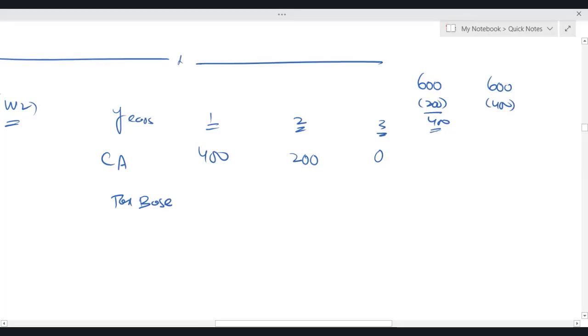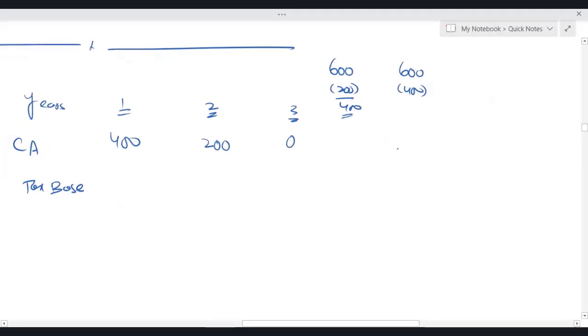Tax base. How do we calculate tax base? It is very simple. If you recall, the tax base of a depreciable asset is equal to the tax written down value.